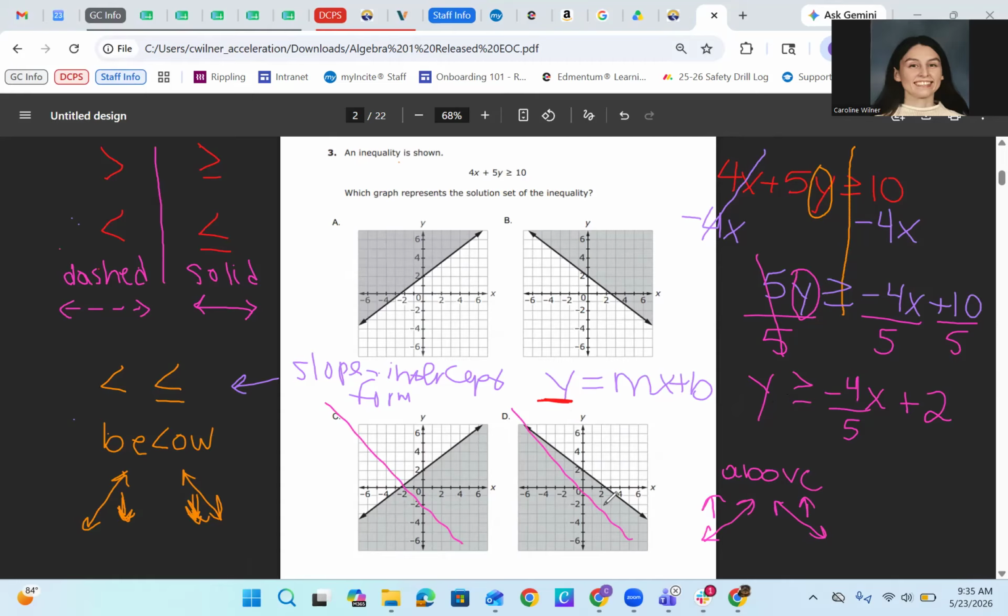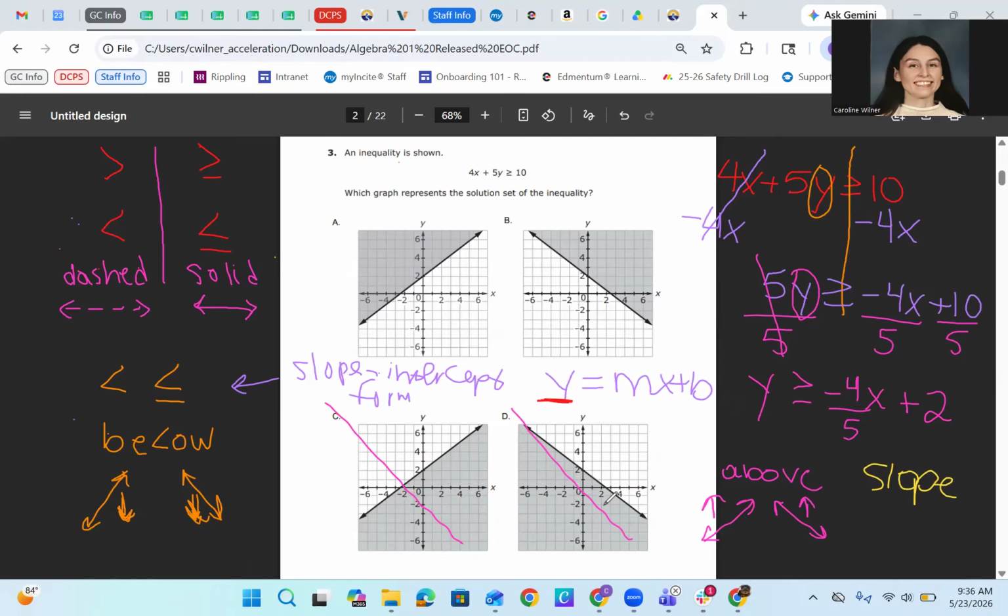With solving this test, the best information and the best kind of trick with things, there are always two answers completely wrong, and then two you have to decide between. Typically, the two you're deciding between, one of them you would get if you made a mistake, and the other is the correct answer. So the only piece of this remaining that we really need to decide is how the line will be angled. Now, the angle of the line itself is going to come from the slope.